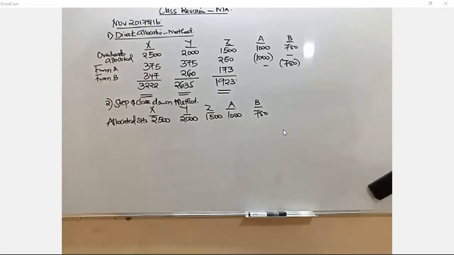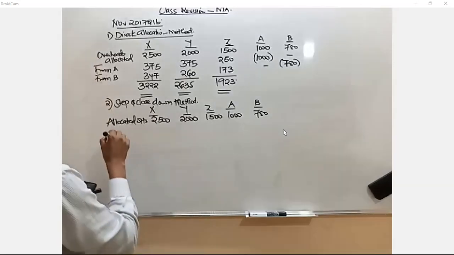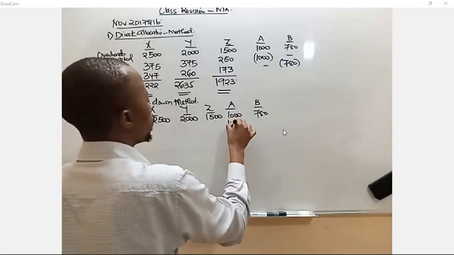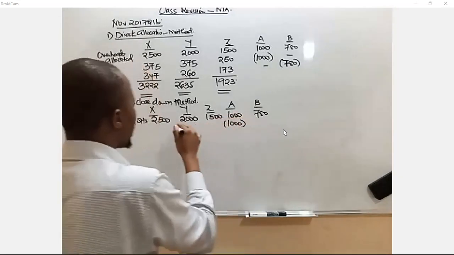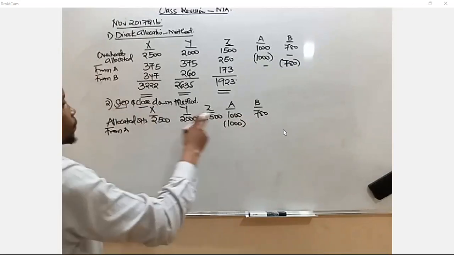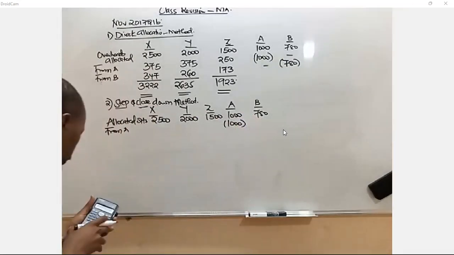You can see A is giving B 20% compared to what B gives A. So you allocate it first. Here, from A, we are going to allocate 1,000 first. That is why it is normally called step down: a new step for the service department which is allocating the higher proportion.